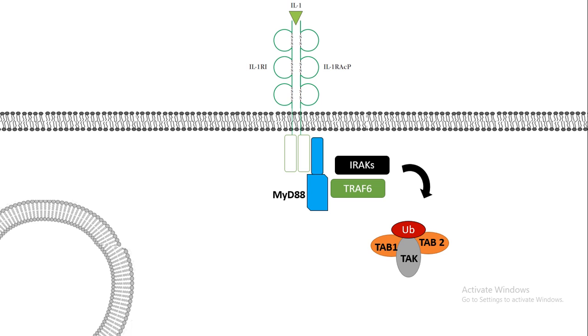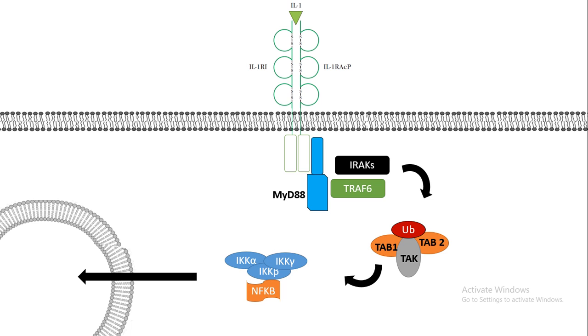What IRAK does is phosphorylate TAB1 and cause degradation of the TAB1 and TAB2 complex, thereby freeing TAK. Once TAK is free, it can phosphorylate IKK beta of this NF kappa B complex. Once phosphorylated, IKK beta becomes unstable and ubiquitinated. So NF kappa B becomes free and moves to the nucleus.